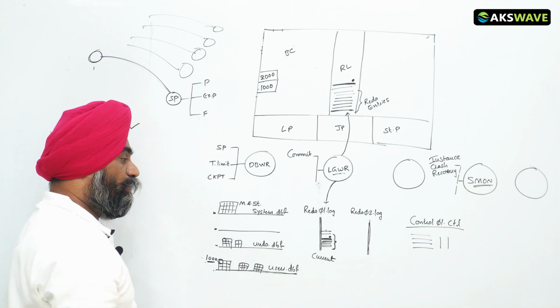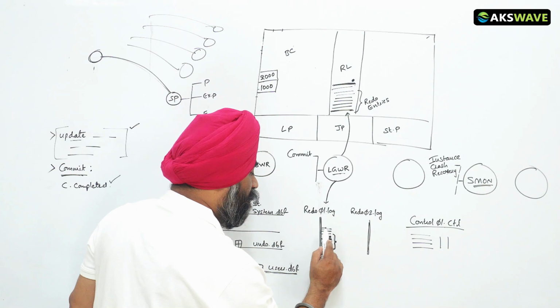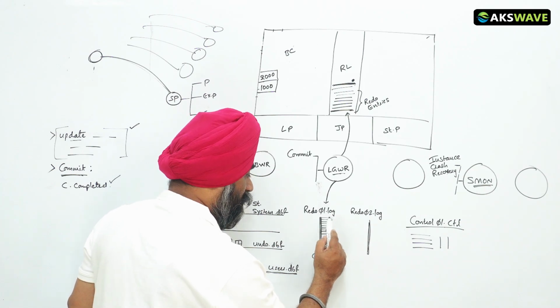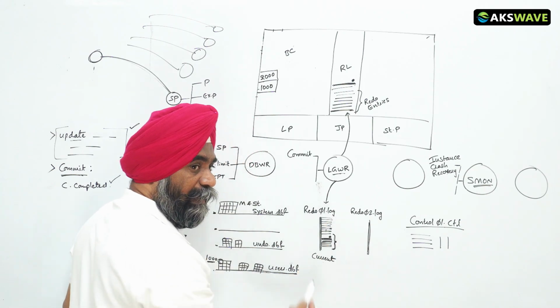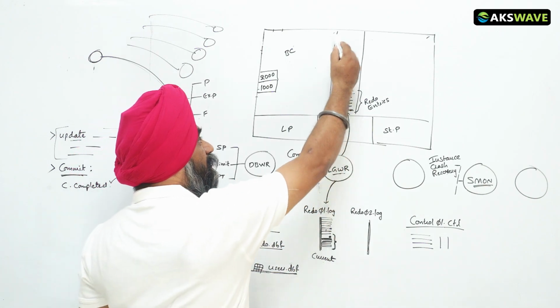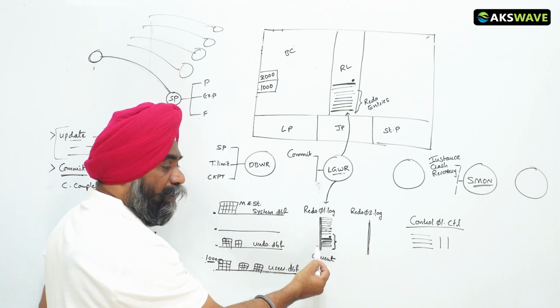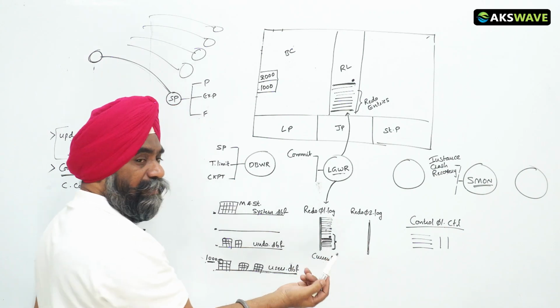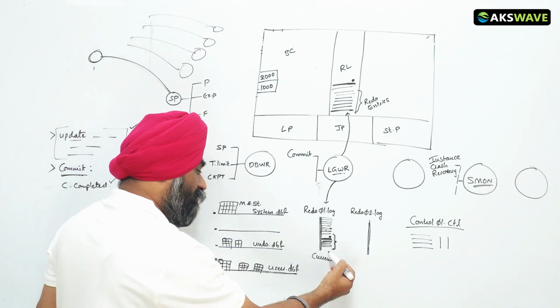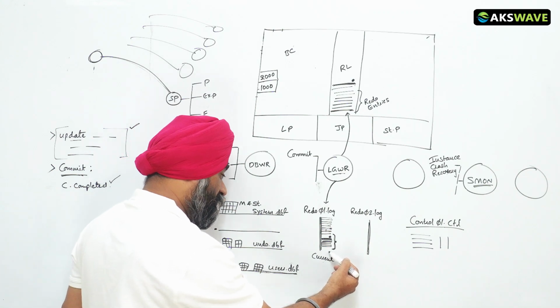Done? Okay. Now once this redo log file gets filled up, because it also has some size, it is a file. As I told, if this is 5 MB, my file could be 50 MB or 100 MB or 200 MB. So it takes some time, a couple of seconds or minutes basically.